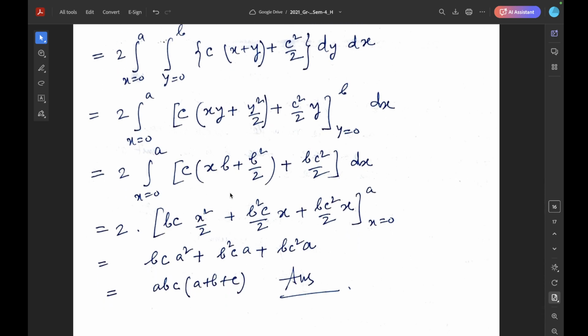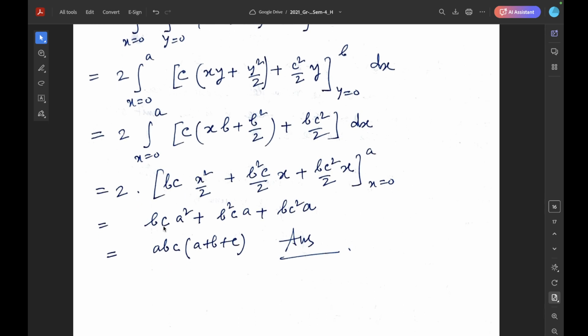Integrating with respect to x, we get x square by 2 into bc plus b square c by 2 x plus bc square by 2 into x, limits x equal to 0 to a, put x equal to a. So the 2 in the denominator and the numerator 2 cancel each other, so we get abc into bracket a plus b plus c.